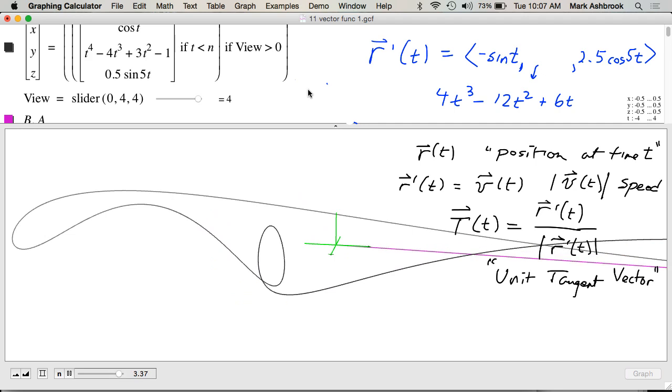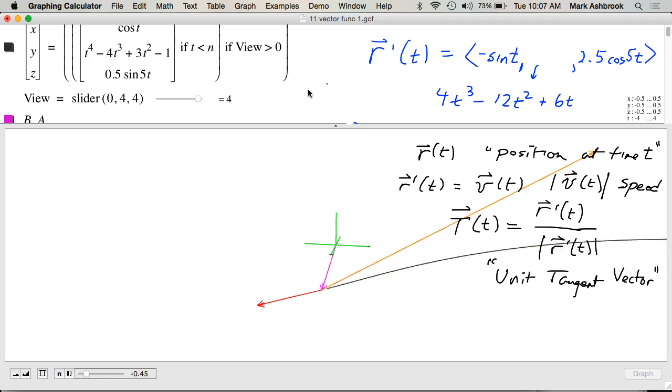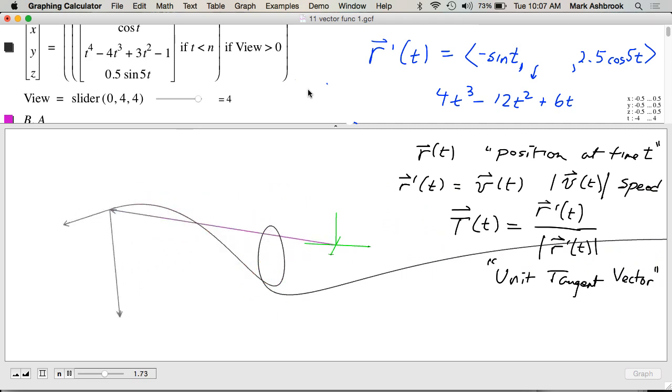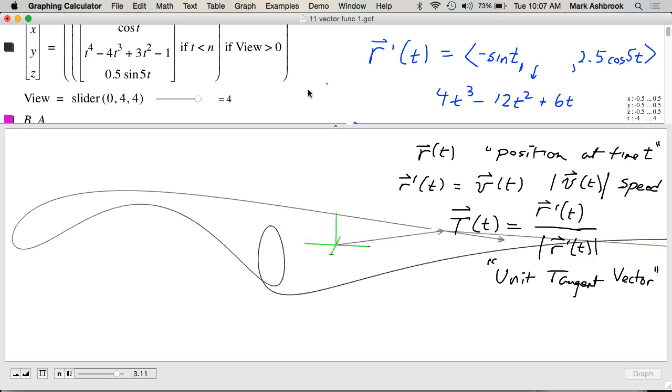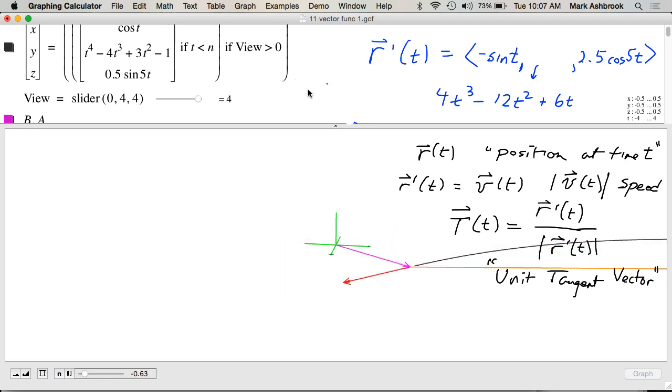Okay, here's a new one. Orange. Besides crazy, what is it? That's the acceleration.